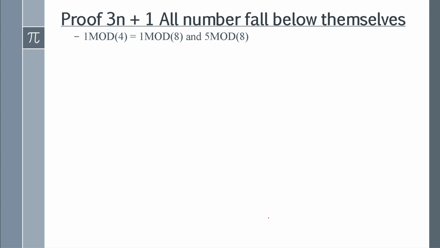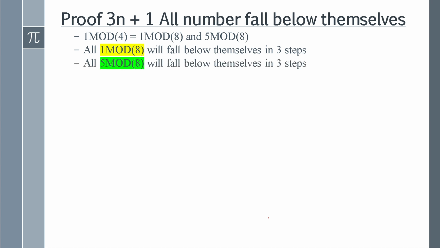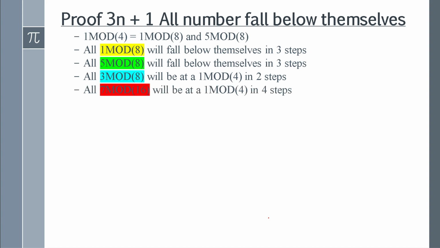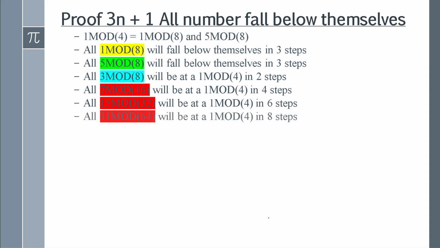So all 1 mod 4 numbers equal 1 mod 8 and 5 mod 8 numbers. All 1 mod 8s fall below themselves in 3 steps. All 5 mod 8s fall below themselves in 3 steps. Right? All 3 mod 8s will be at a 1 mod 4 in 2 steps. 7 mod 16s will be there in 4, and so on.